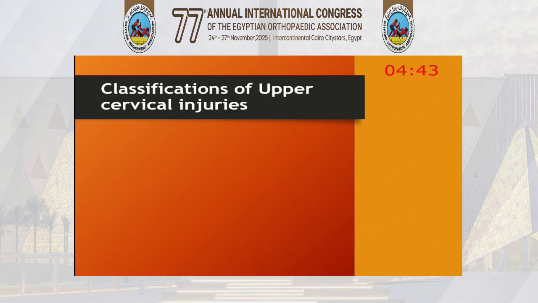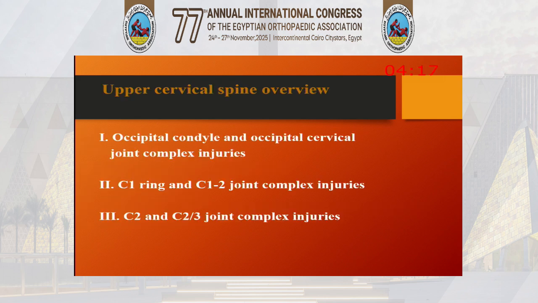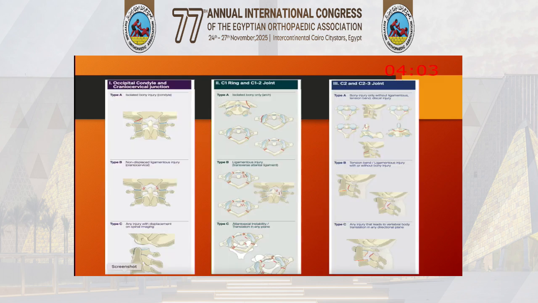Now, the classification of upper cervical injuries: a lot of classifications exist for each level. It should be comprehensive, simple, and reproducible, based on several features, on morphology, in a hierarchical system progressing from least to most severe, and also taking into account the neurological status. They classified the region into occipital condyles and occipitocervical joint complex, C1 ring and C1-2 joint complex, and C2 and C2-3 joint complex injuries.